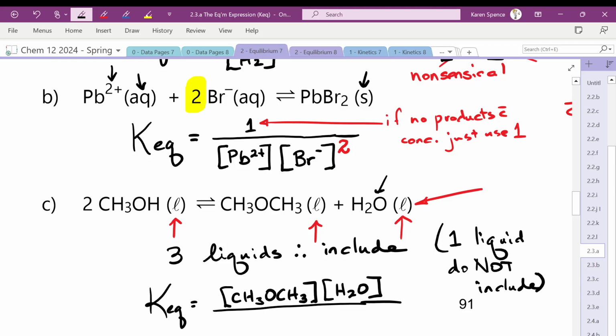I should never see that again after today, concentration of water. And then on the bottom, we put our reactants, CH3OH, and we raise that to the power of 2 because it does have a coefficient. Is good?